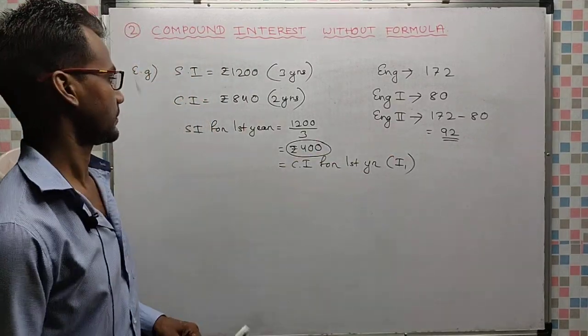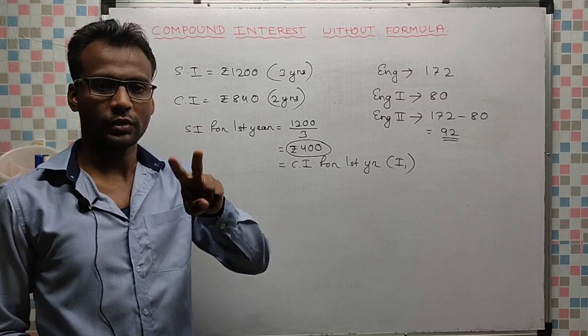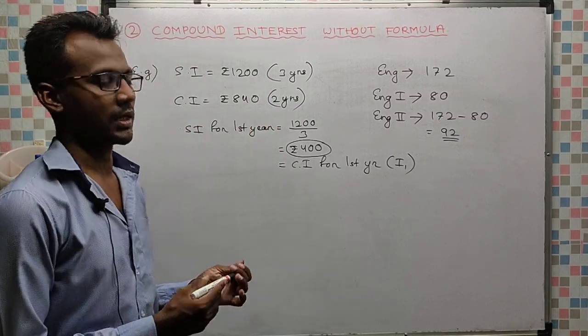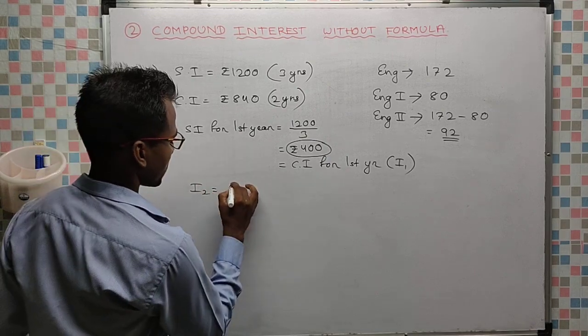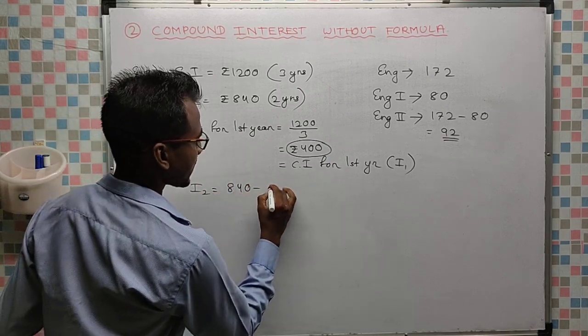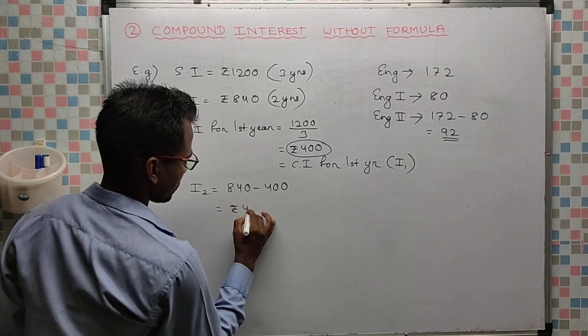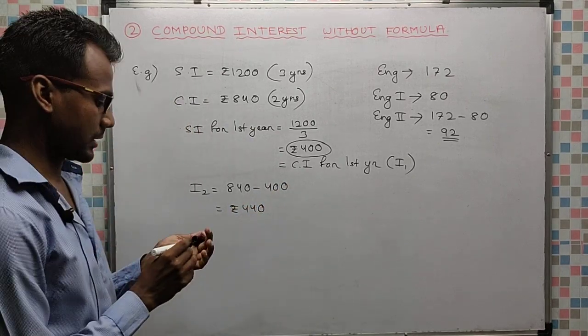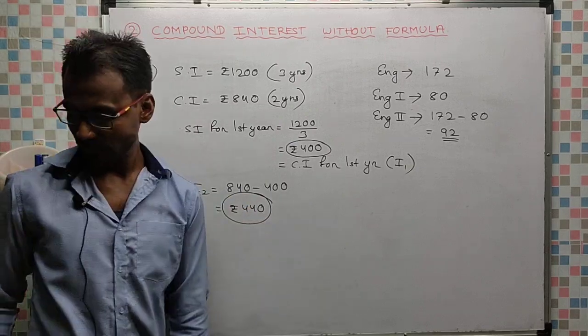Same concept here. I1 is 400, I1 plus I2, total interest for 2 years is 840. Then what will be I2? Total interest minus I1, which is 400. That is rupees 440. Okay, so I2 is rupees 440.